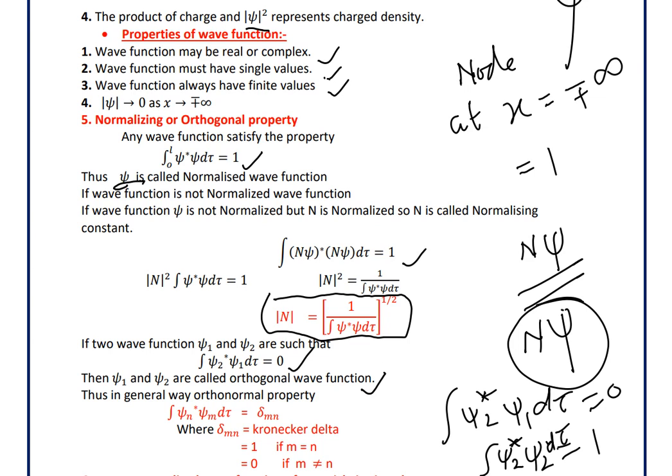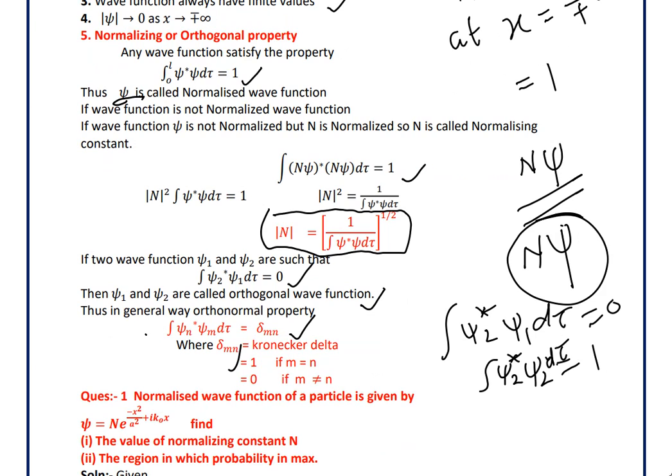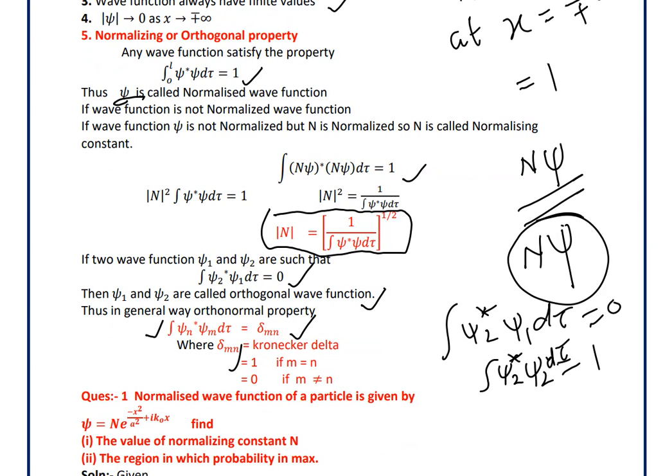These two conditions are written in the general form integral psi n star psi m d tau is equal to Kronecker delta mn. If m is equal to n, then its value is 1. If m does not equal n, then its value is 0. So this formula is called the orthonormal property.